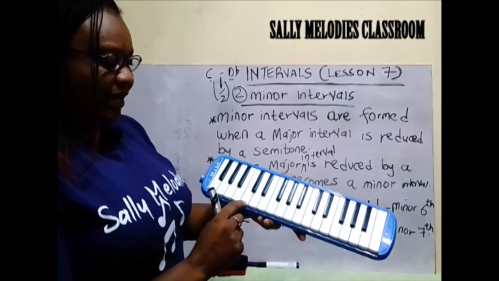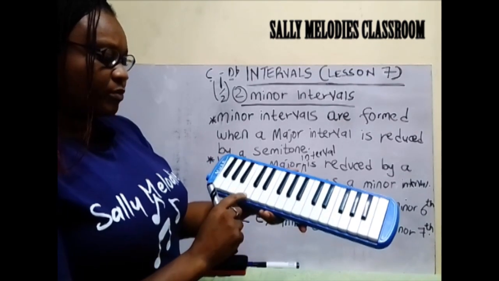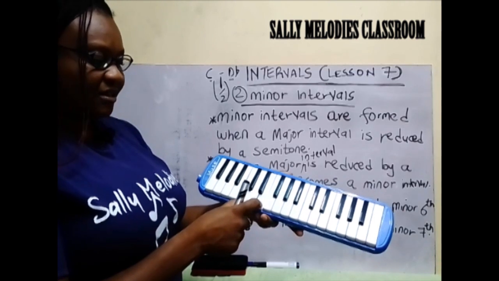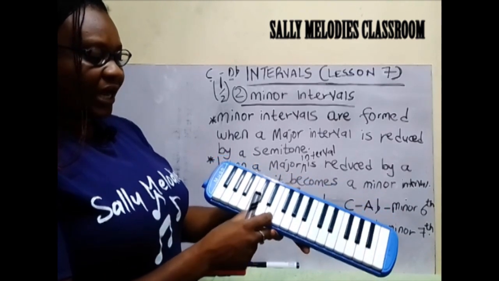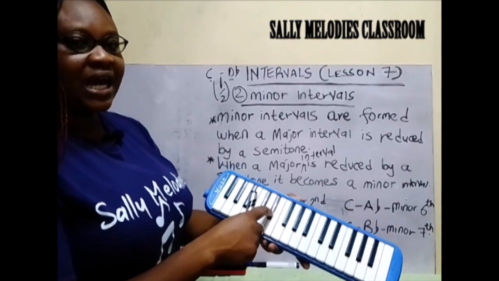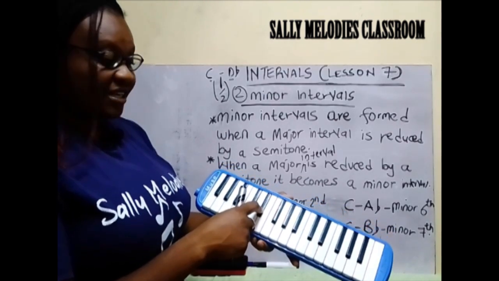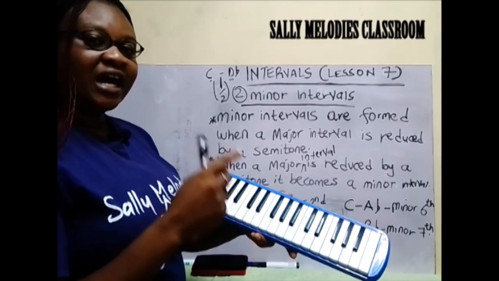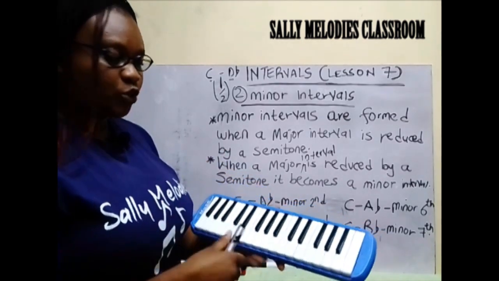So if we were coming from C to E, that was a major third. But now we are coming from C to E flat. Now it has become a minor third. The distance has been shortened by half a tone or a semitone.